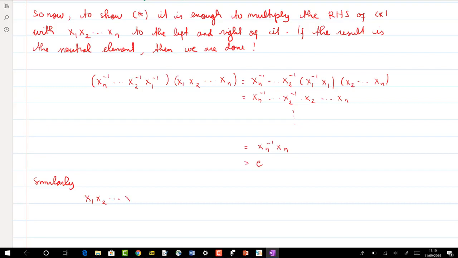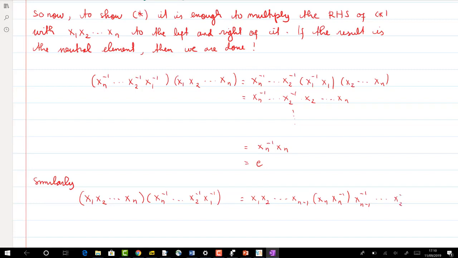And similarly, now we just need to check what is the result of the product of x1 up to xn when we multiply with the proposed inverse, which is xn inverse up to x1 inverse. Similarly to the above, we can multiply the middle terms first, which is xn times xn inverse.